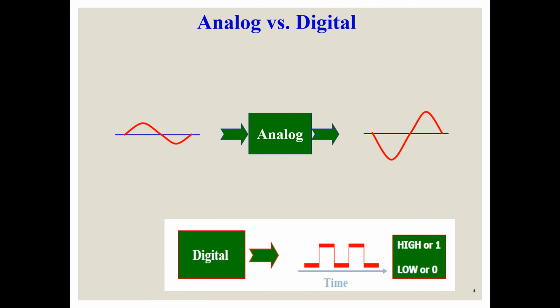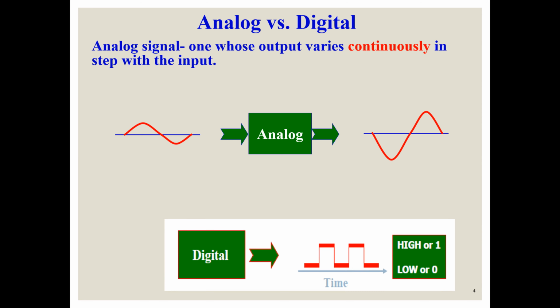Analog versus digital. In this slide, we'll learn what is meant by an analog signal and what is meant by a digital signal. First, the analog signal. An analog signal is one whose output usually varies with time.